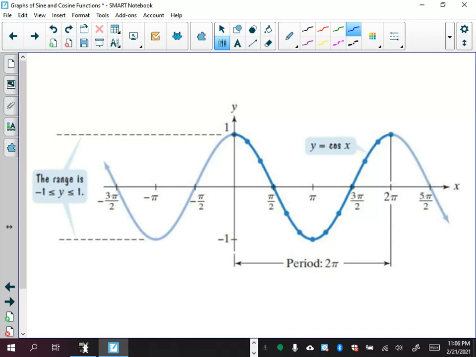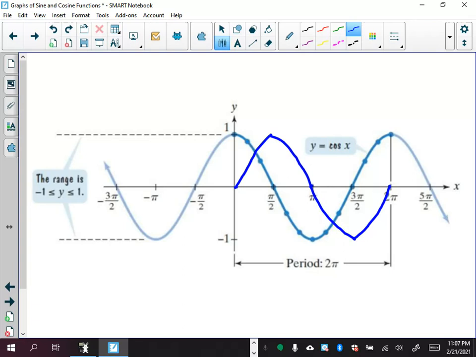And so remember, we had our sine graph. Our sine graph did this. Sorry guys, I teach math, I am not an artist. So our sine graph looks like that.